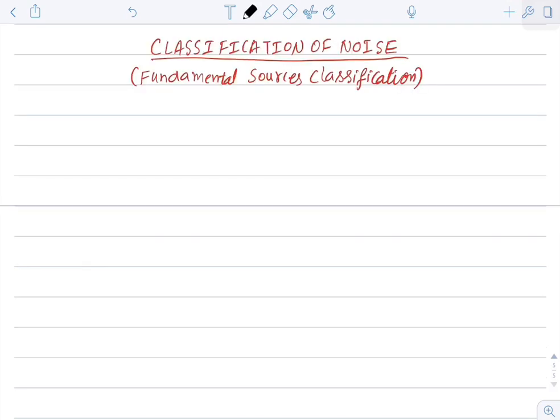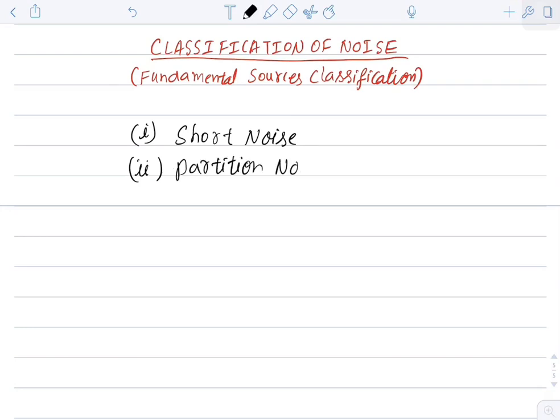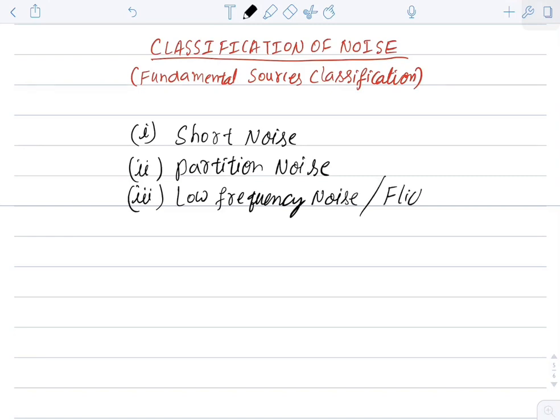Classification of noise. This classification comes under the category of fundamental sources of noise. That's why fundamental sources classification. Following are the different types of fundamental sources of noise. The first one is shot noise. Second one, partition noise. Third one, low frequency noise, the other name is flicker noise.